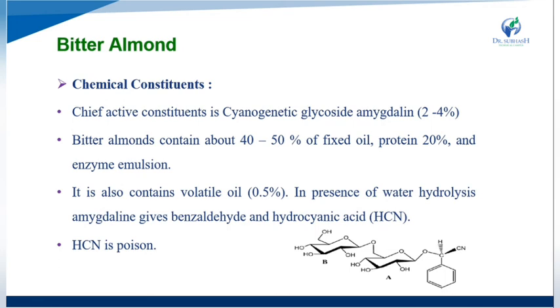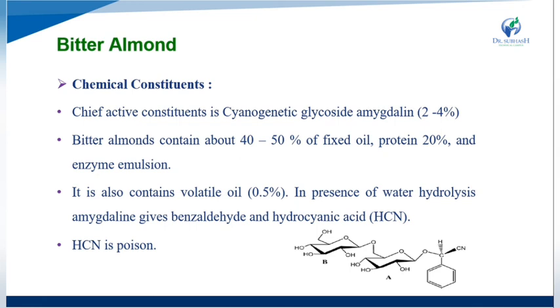So the chief constituent is the cyanogenetic glycoside amygdalin. Okay, around 2 to 4% is present. Then bitter almond contains 40 to 50% fixed oil, protein 20%, and an enzyme emulsin is also present. Okay, then it also contains volatile oil 0.5%.